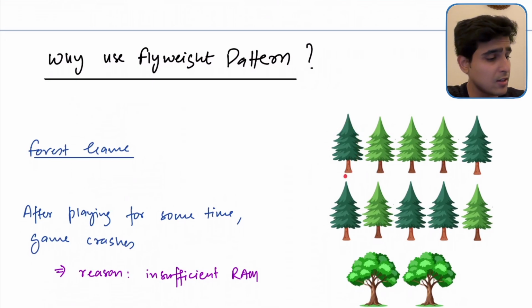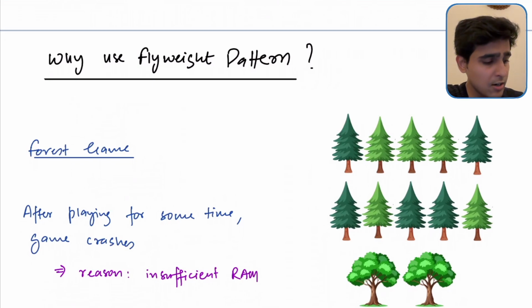As you can see, there are a bunch of trees we have created here. Maybe it's a dark green pine tree, a light green pine tree, maybe some oak tree. So different types of predefined trees with different colors the user can create. Now consider this: after playing for some time, the game crashes. What could be the reason?